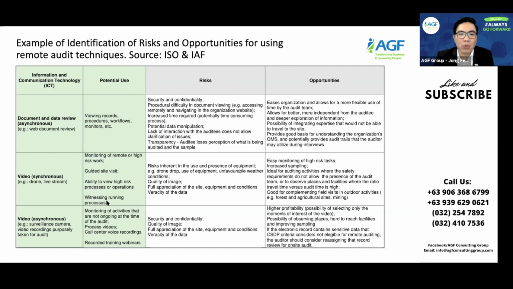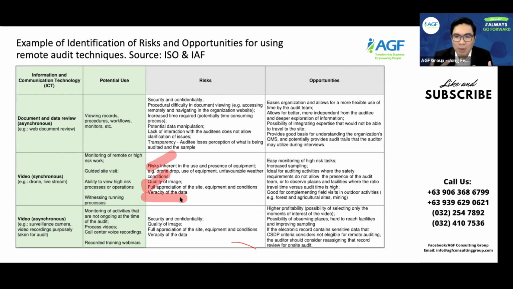Or how do we do monitoring of remote or high risk work? Again, look at the risk. The risk there would be the inherent risk in the use and presence of equipment, or even the quality of image, or it's going to be quite difficult to verify the data, by the way. All right, so those are the risks.